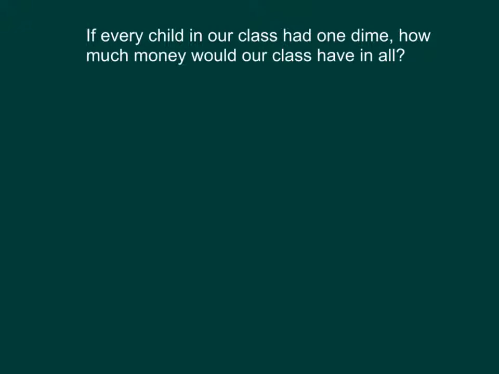Because I know that a dime equals 10 cents, we're going to be counting by tens. Let's do that now. Pause video here. Great counting. Now, we can also count the number of nickels our class would have using something known as dollars and cent notation.